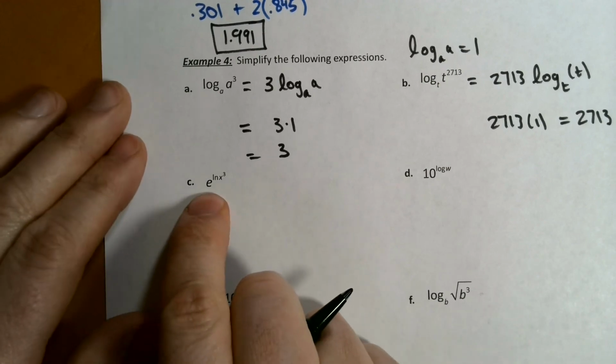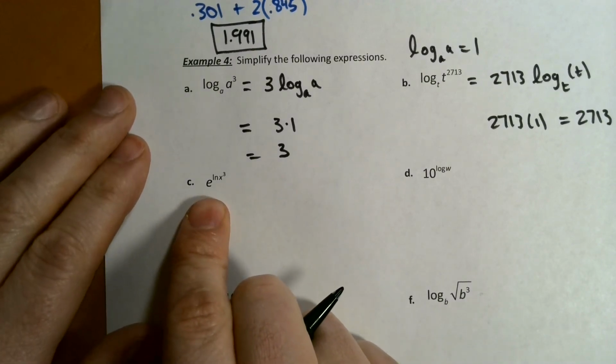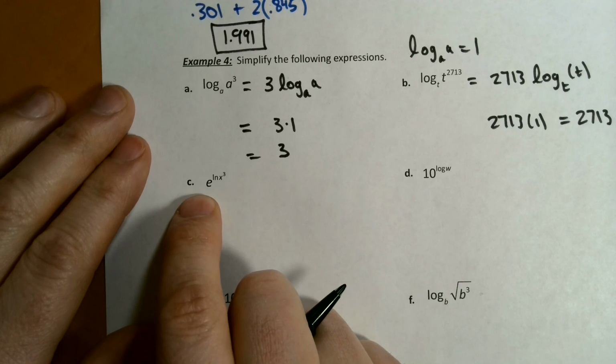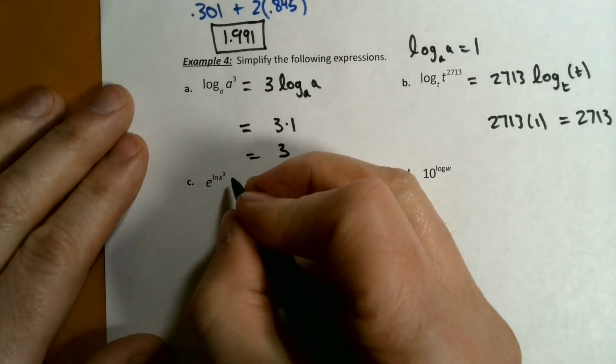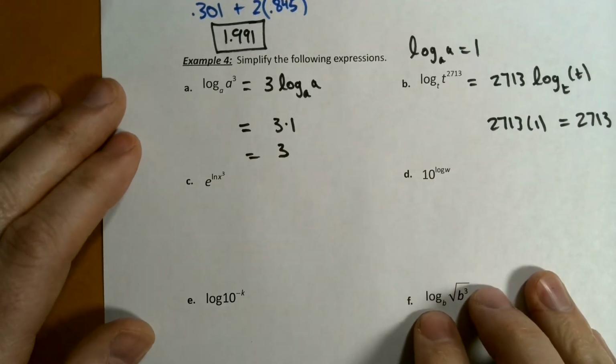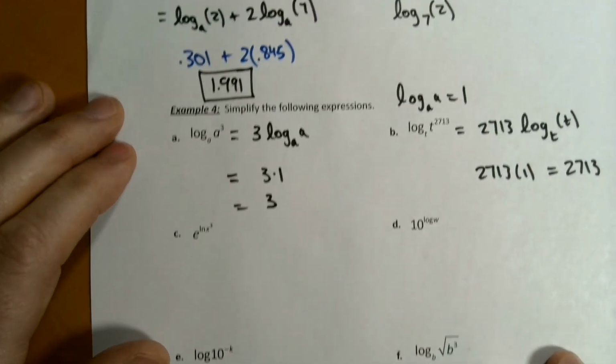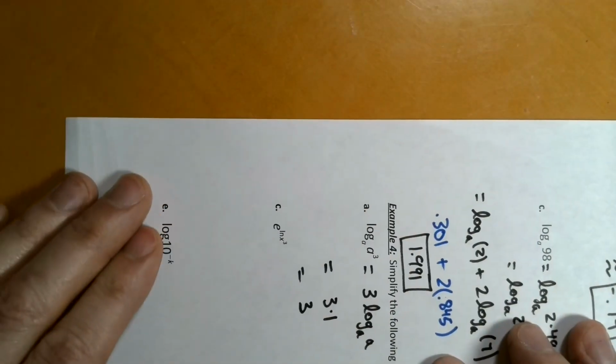So when we do this one, earlier we stated these are inverses, so the answer is x cubed, but let's look at why. Remember our expression from before. I'm going to write it right here on the side.